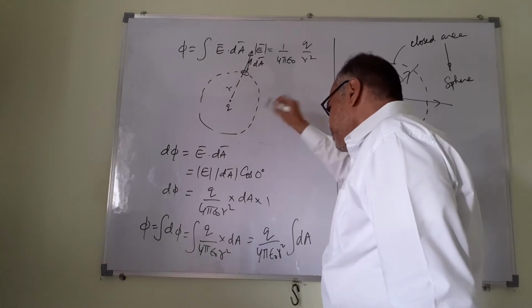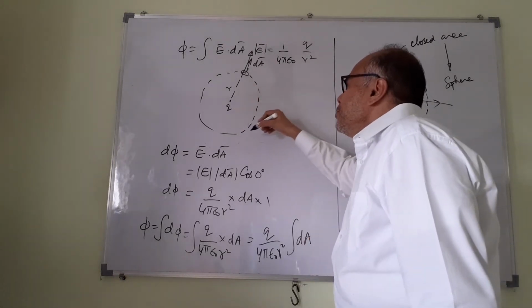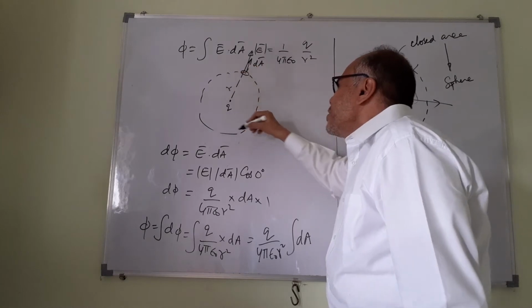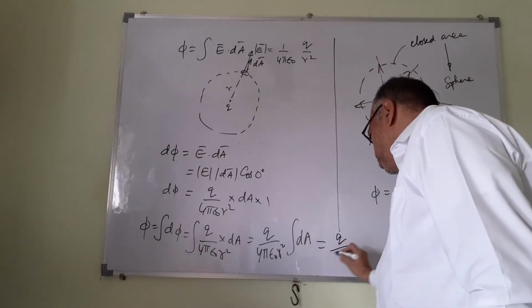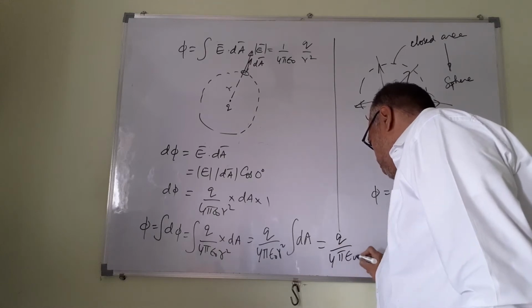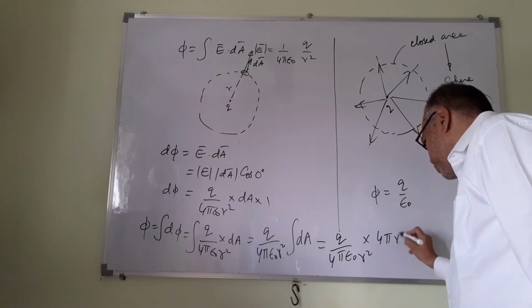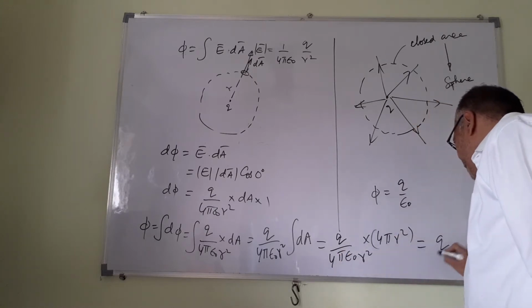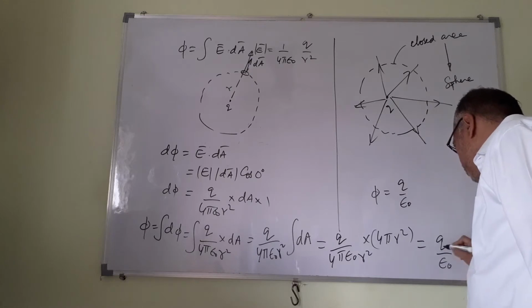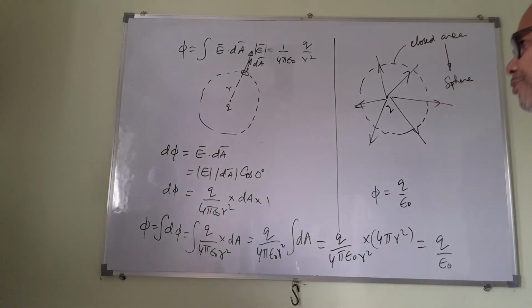Integral dA is nothing but the total surface area of the sphere. So this would be Q by 4 pi epsilon naught r squared into 4 pi r squared. The 4 pi r squared in the numerator and denominator cancels, and we arrive at the same result, Q by epsilon naught, in a very simple way.